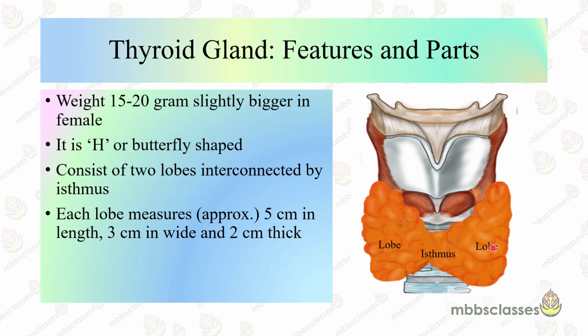Each lobe measures approximately 5 centimeter in length, 3 centimeter in width, and 2 centimeter in thickness.